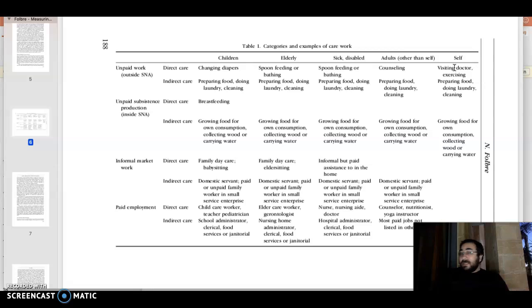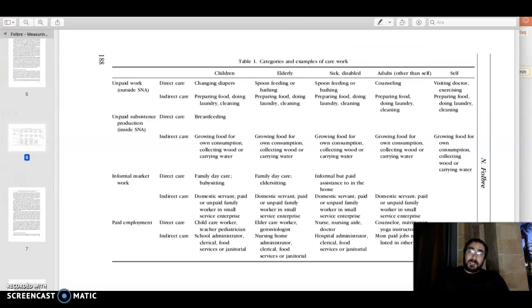Although indirect care might be a factor, I'm not sure to what extent it's necessary to measure it, since all activities might provide input for care work. But in the case of direct care, I think all of the entities of this chart are relevant, and you can explore the chart and also Nancy Folbre's own explanation of it.